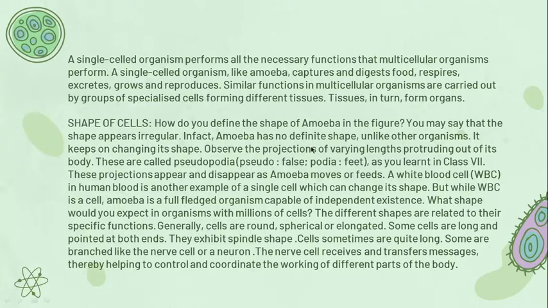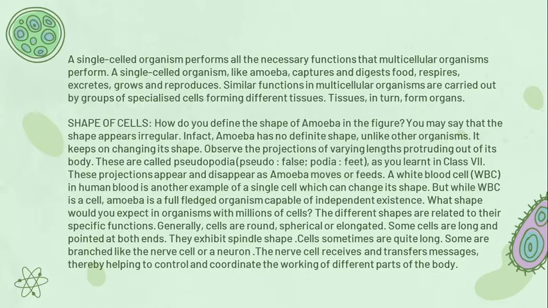Some organisms have a definite shape. Amoeba does not have a definite shape because it appears irregular. Its shape changes minute to minute when it moves. It keeps on changing its shape. Observe the projections of varying lengths protruding out of its body. These are called pseudopodia.